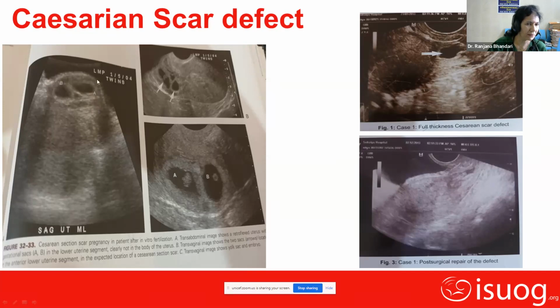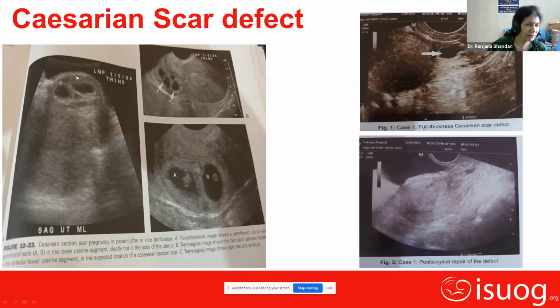And there is also increased vascularity in the posterior part of the bladder mucosa. So then only we can say it is a case of cesarean section scar. So the endometrial and endocervical part is free of any gestation. The gestation sac is in the lower segment, just above the cervical internal os.